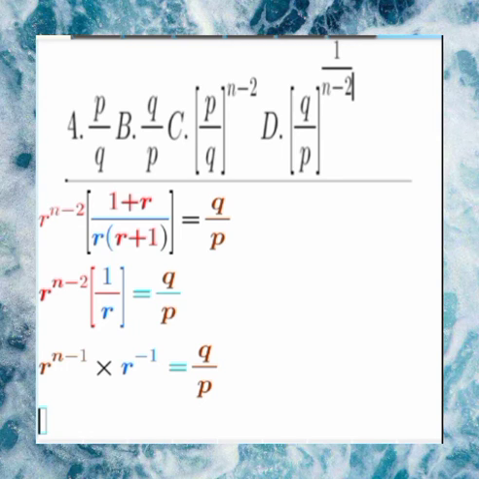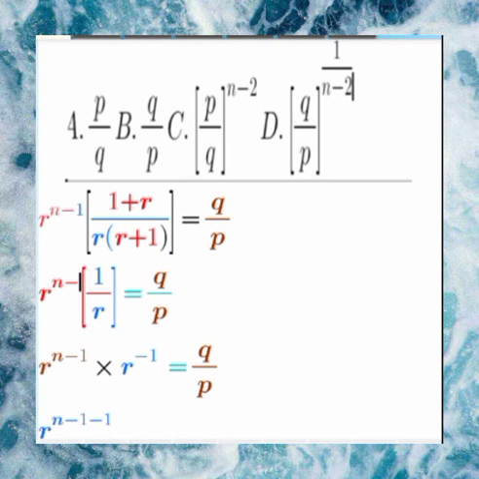So by applying the laws of indices, this is going to be equal to r raised to power n minus 1, minus 1. So from here, this is minus 1 rather, not minus 2, and this is also minus 1.